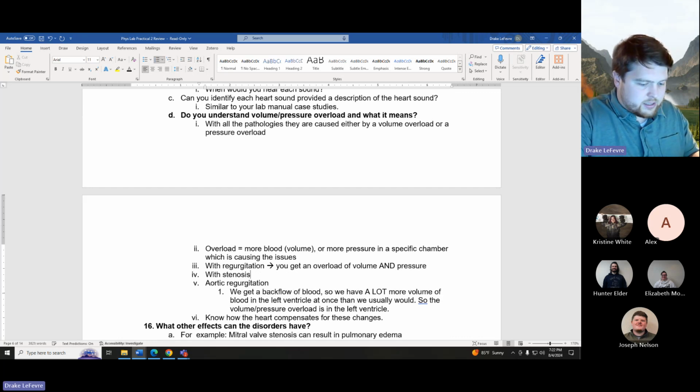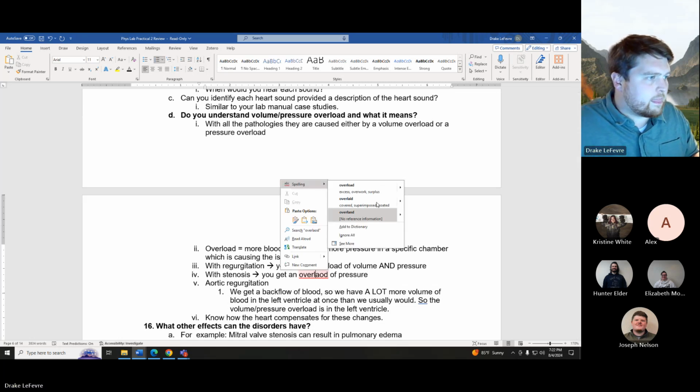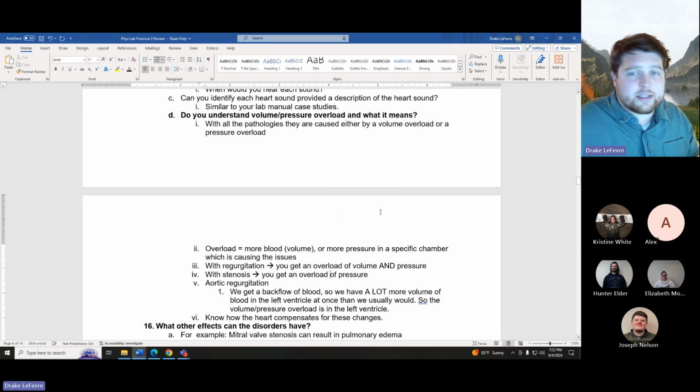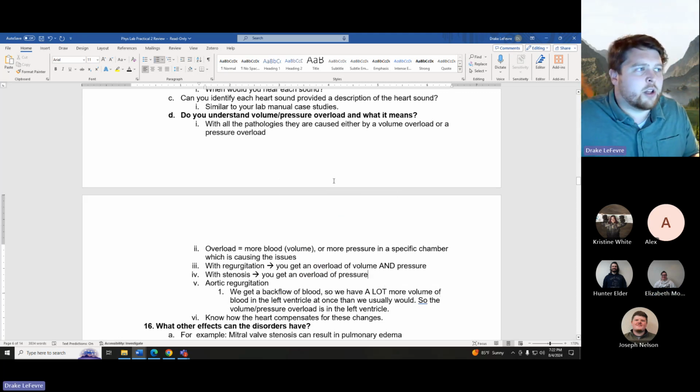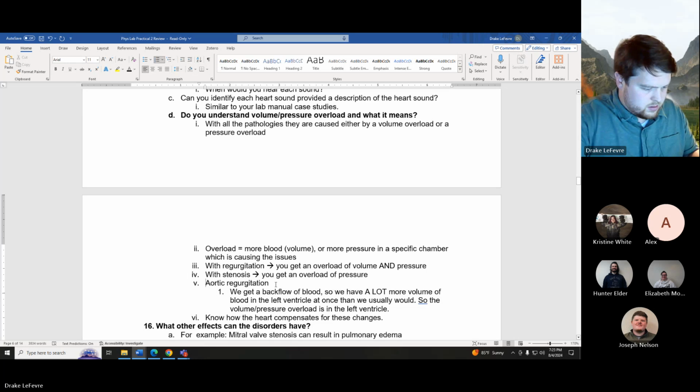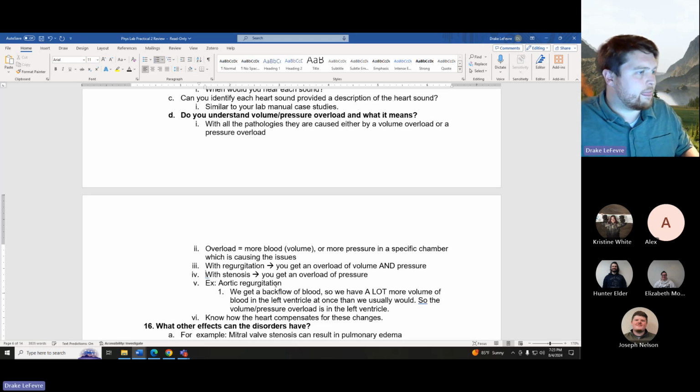With stenosis, you get an overload of pressure. Does that make sense? Yes. They call it the volume pressure overload because it's one or the other or both.